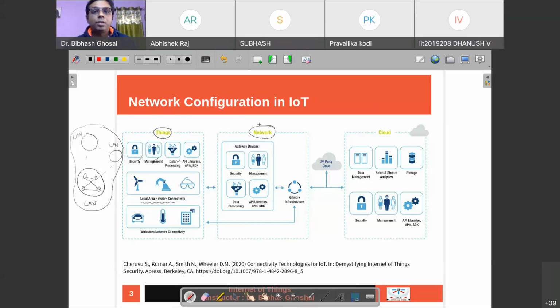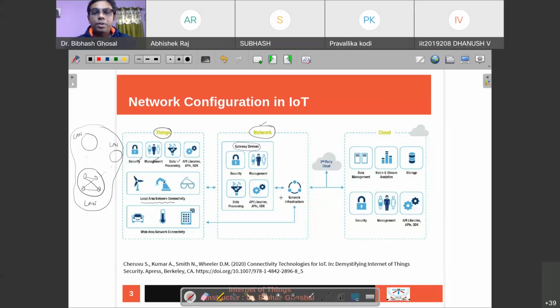And that is all about the network layer, all the devices and software that help you in doing that. There is also some connectivity that is required. You may require some kind of a gateway device which acts as an aggregator that collects the data from all the things and then passes it on to the network infrastructure.